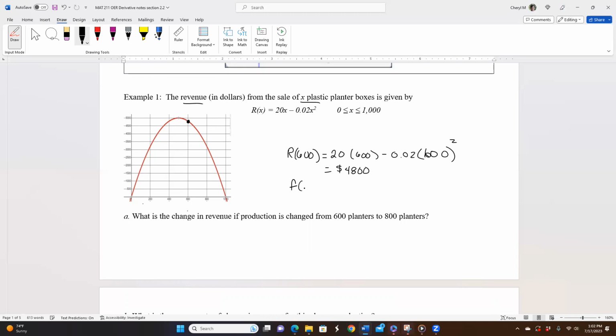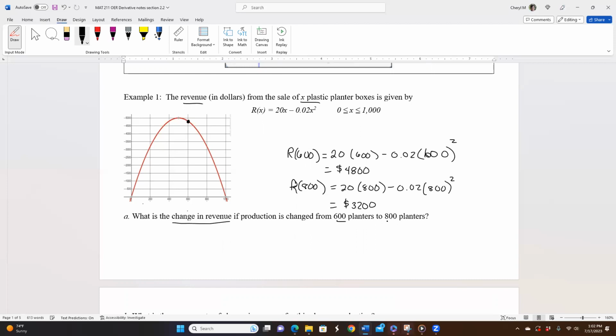Then if we want to look at our revenue at 800 planter boxes, we're going to substitute 800 into the formula. Plugging that into our calculator, we get $3,200. So it wants to know what is the change in revenue. That means we're going to have to subtract these.